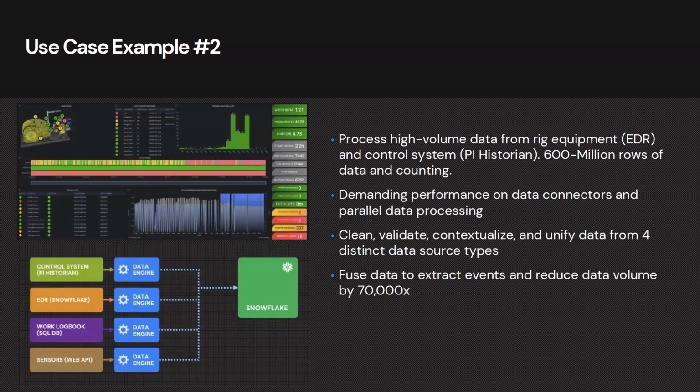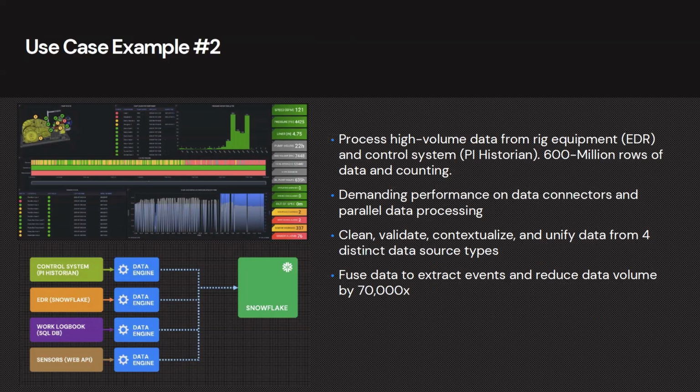A second example sort of goes in a slightly different direction. Here, the edge data doesn't directly come from the sensors. They come mostly from databases like the PI Historian, Snowflake, SQL database, or a web API. But the data still needs to be prepared, cleaned, and transformed into unified high-quality data. In this case, the amount of data is huge.